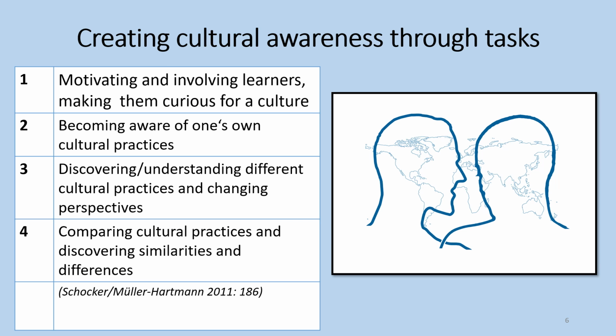The third stage of the task would be to change perspectives and to discover and try to understand the different cultural practices. The fourth stage would involve a comparison of cultural practices in both cultures and the discovery of similarities and differences between both cultures.